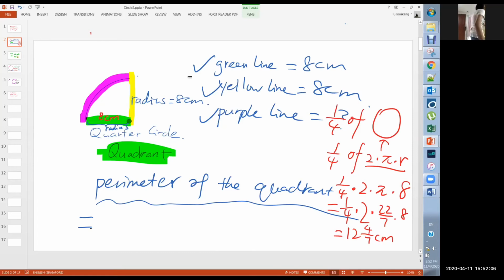So now I have the value for the green line. I have the value for the yellow line. I also have the value for the purple line, which is here. So what do you need to do now to find the perimeter? Find the equation. How? Find the ratio.